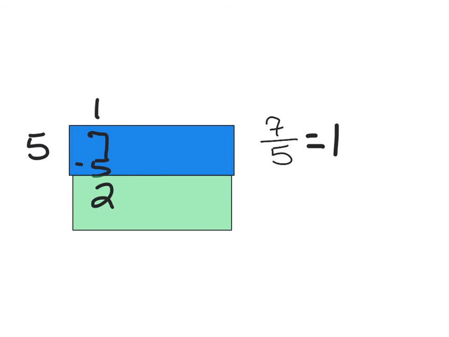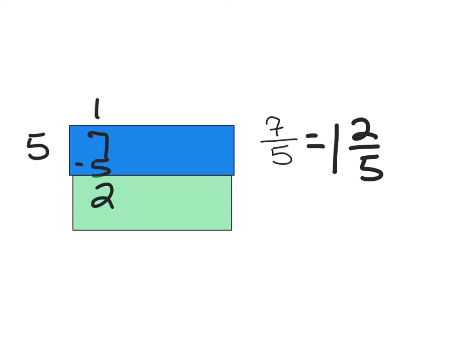This is equal to 1 whole. Now this 1 goes right here. My remainder, the 2, will go over the divisor right here, the 5, right? So if you were going to change this into a mixed number, you'd be done already, right? But we're not doing that. We're actually going to change this into a decimal.